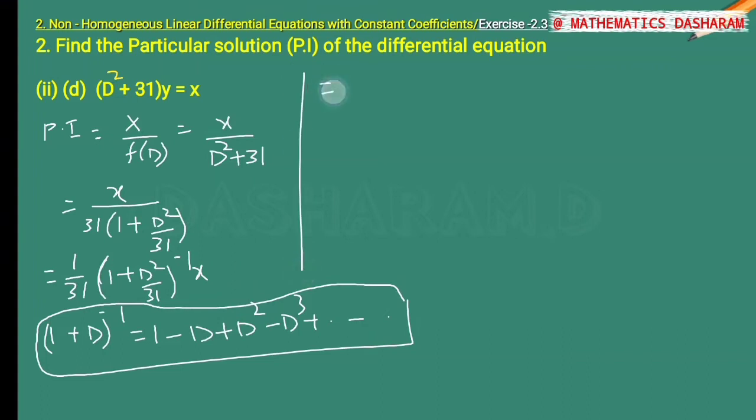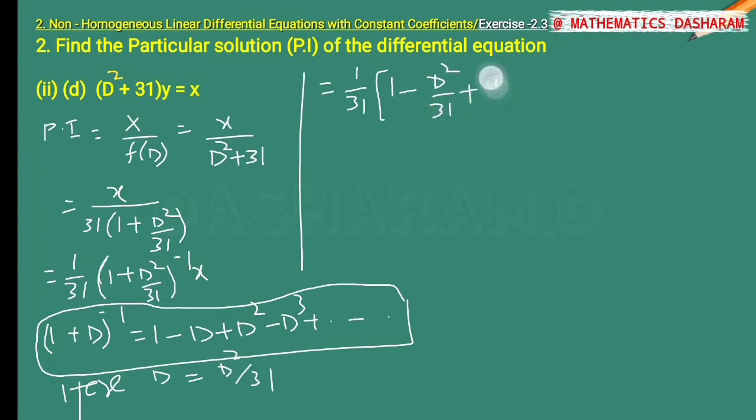So it equals, here at the place of D, D equals D square by 31. So 1 by 31 bracket of 1 minus D square by 31 plus D square by 31 whole square minus dash into x.